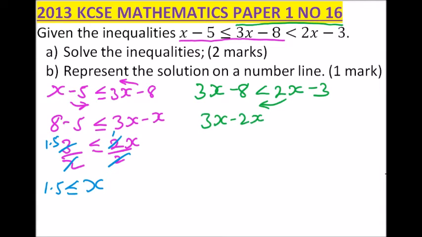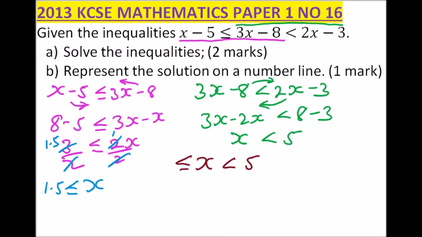We take 8 to the other side, it becomes positive. So it is less than 8 minus 3. So this will give us x less than 5. So we can now say our x is less than 5 and greater than or equal to 1.5. So that is part A.